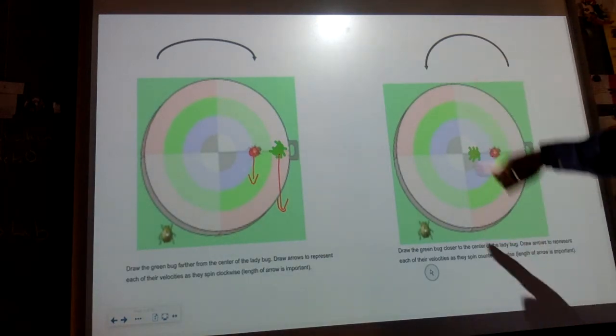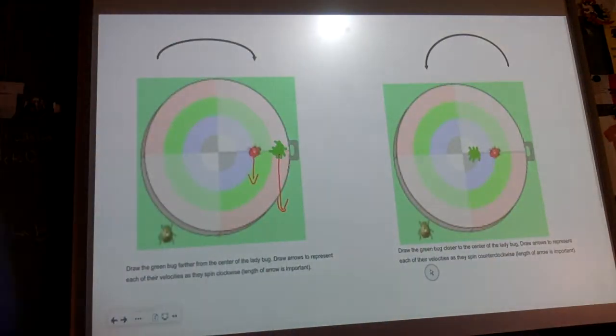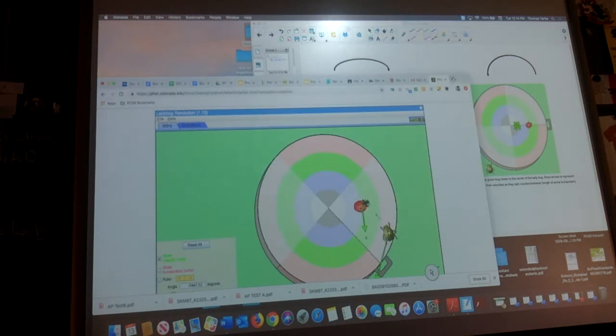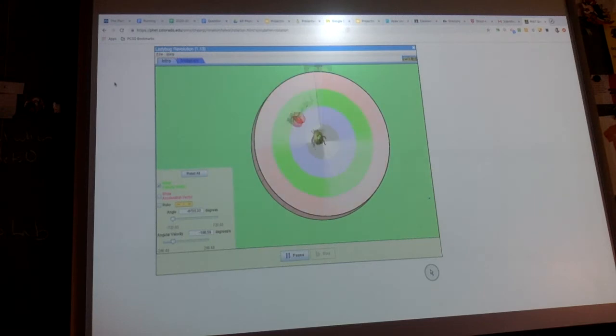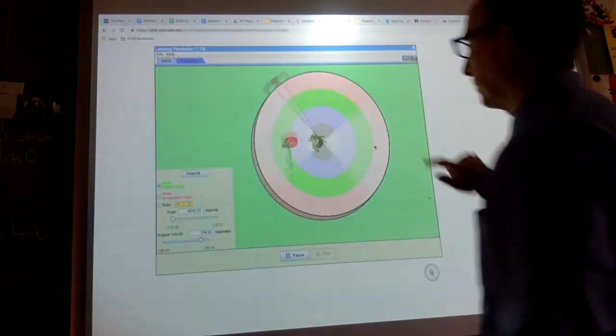And now I'm going to spin it this way, and I want you to draw velocity vectors that represent what the ladybug looks like when it's spun the opposite way, so counterclockwise. All right, so I'm going to stop it.